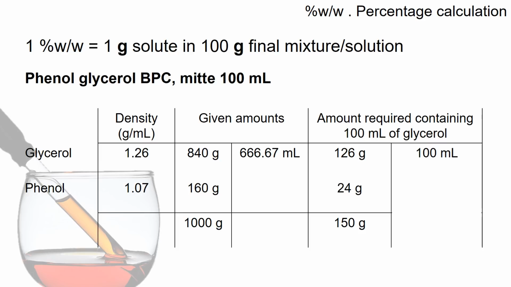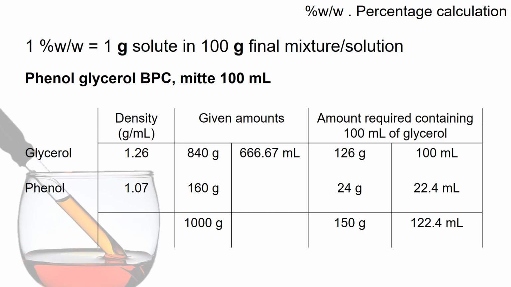Just to quickly check, if the density of phenol is known, you can check whether with 100 ml of glycerol, you are able to dispense enough formulation to the patients. So you convert 24 gram into volume by just dividing with density, and you should get about 22 ml, and added up together with the glycerol, you should get more than 100 ml.